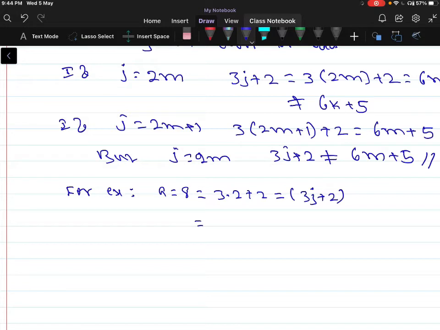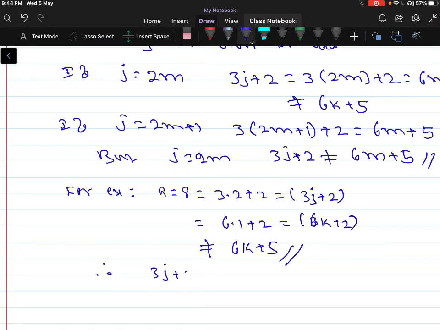Similarly, this can be written as 6 into 1 plus 2. So this is of the form 6k plus 2, but this is not of the form 6k plus 5. Therefore 3j plus 2 cannot be written as 6k plus 5 form.